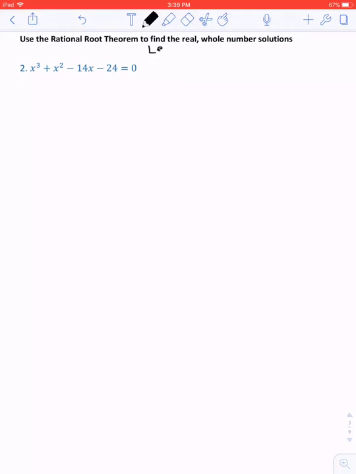Your lead coefficient, your constant, and your degree. Lead coefficient. So on the x cubed, what do you have? All right.